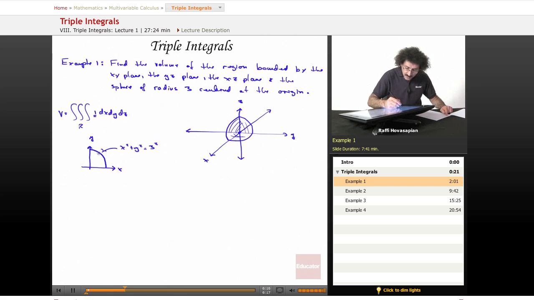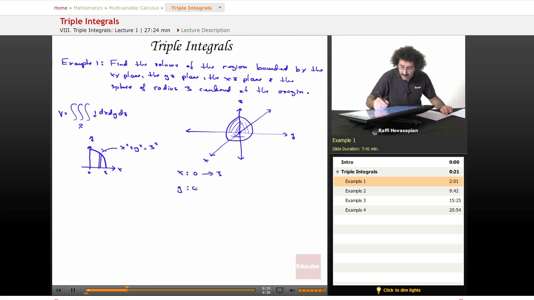So now, what I'm going to do, 0 and 3. So as far as the x variable is concerned, x is going to go from 0 to 3. The y variable, well, y is changing. The height is changing.